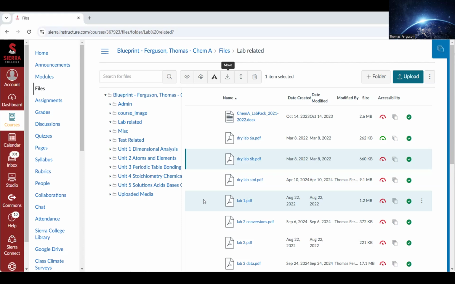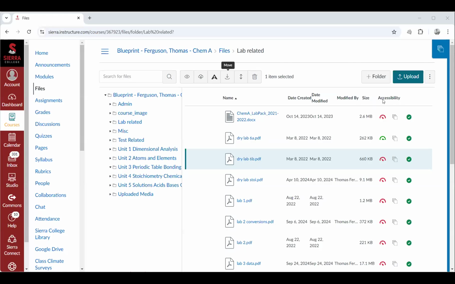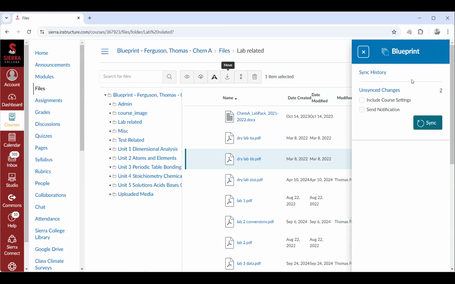Oh, let me do one thing. I have to sync it. Thank you for asking. What this is doing is, because I have 2 lab sections, the system won't let me put them together because of some confidentiality issues.